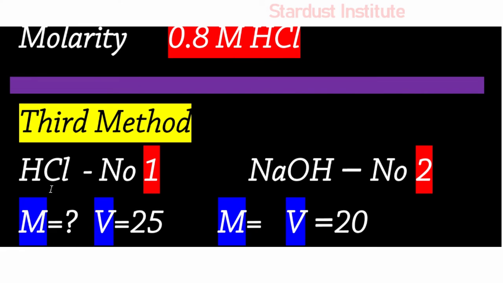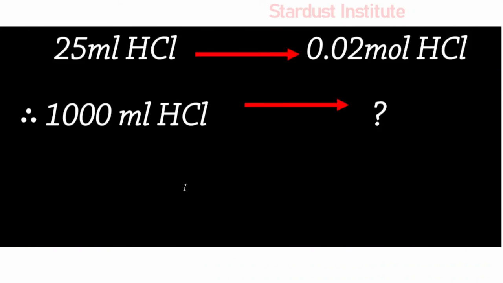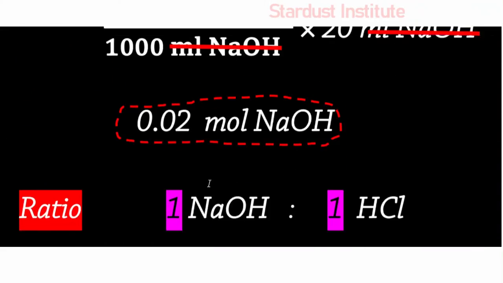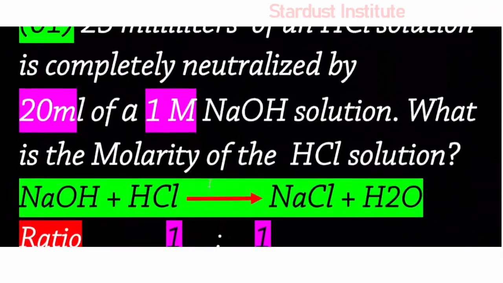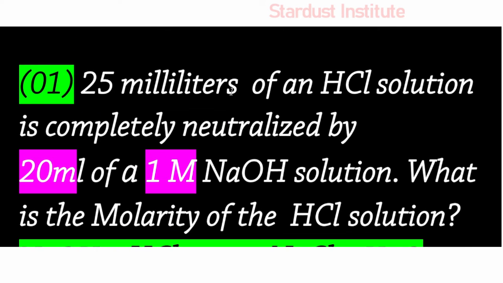We don't know the molarity of the HCl solution. We have to find the molarity of the HCl solution. We have been asked what is the molarity of the HCl solution. We have to find it. We know the volume of the sodium hydroxide solution.